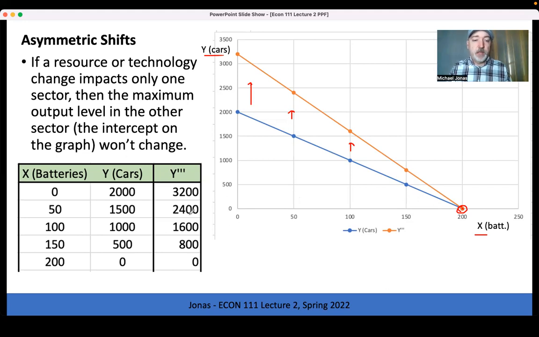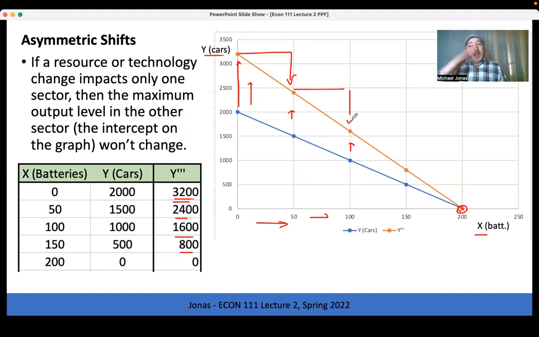So say, for example, if we had what we'll call our Y triple prime column here, when we produce 0 batteries, when we put all of our resources into cars, we can produce a lot more than we could before. Maximum output is 3,200. And then same as before, as we increase our production of X, we move over and down, output decreases in the automobile sector.